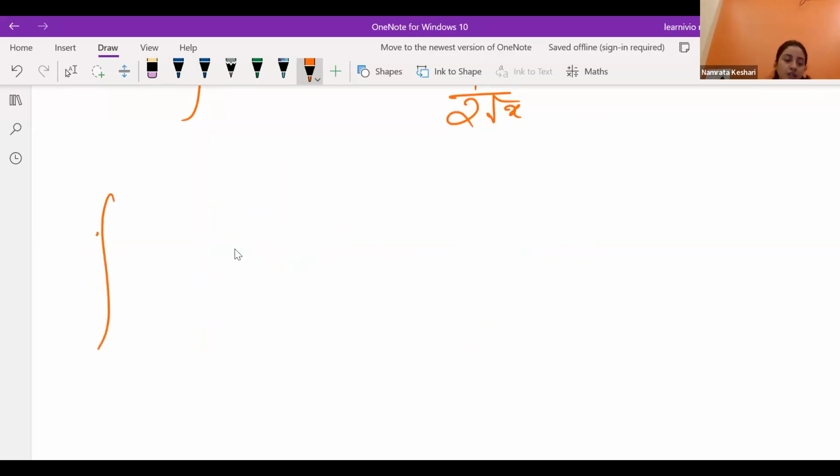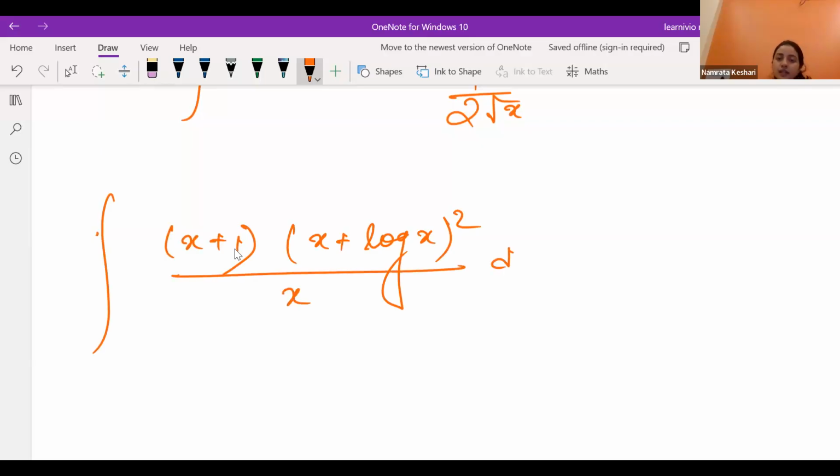If we have the integration of x plus 1, x plus log x whole square over x dx, then what to do, Annapurna?